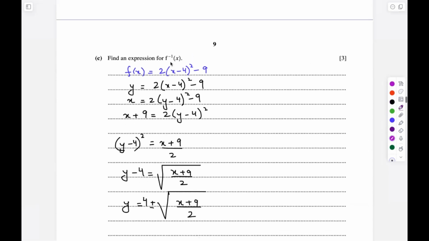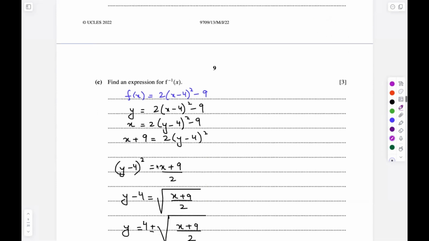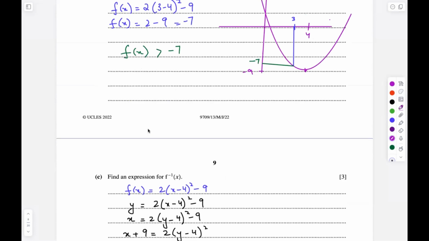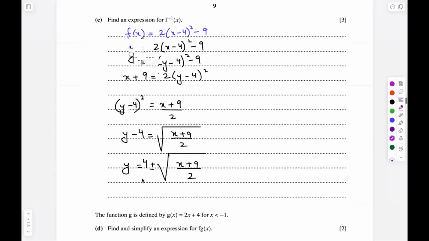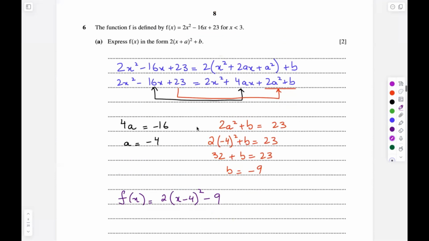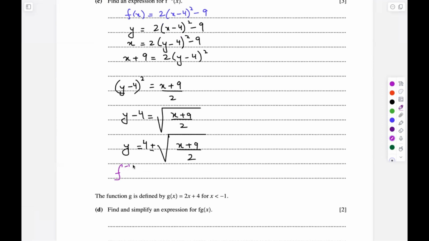Now, for f inverse to be possible, the range of f of x was greater than minus 7. As the domain of the function was less than 3, the range of f inverse, where the f inverse function is 4 plus or minus the square root of (x plus 9) upon 2, must always be less than 3.